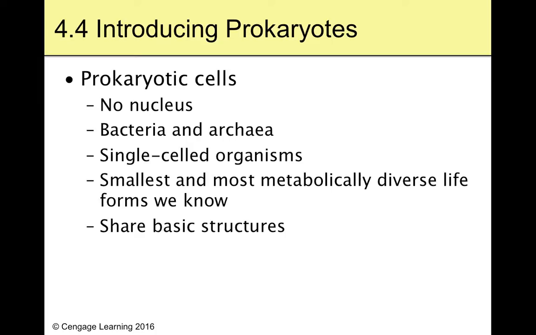If you don't already know, archaea are just really tough bacteria that live in really nasty environments like hot springs and salty environments and boiling sulfur vents in the ocean, those kinds of gross places. So really small, really simple critters with no nucleus. One cell, that's it. The whole organism is one cell. And these are the smallest and most diverse life forms that we know of.